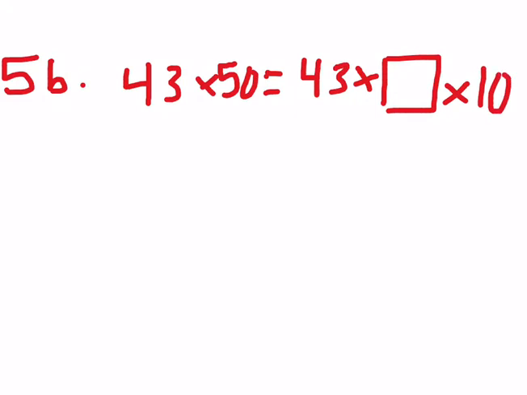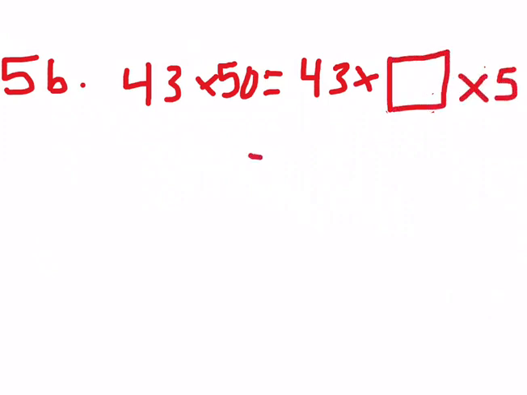Sorry, no, it's the other way around. Sorry about that, class. 43 times what, times 5. Okay, so you know that you're multiplying with 50, and the given number is only 5. So you should know by now that the number missing is 10, right?